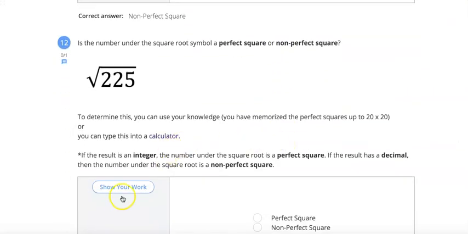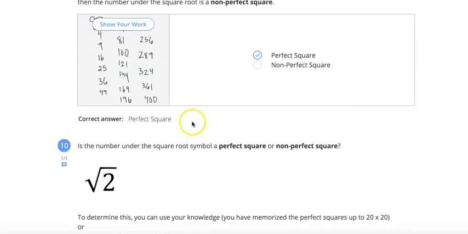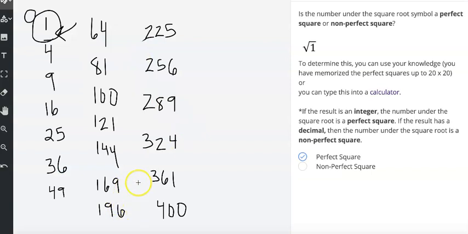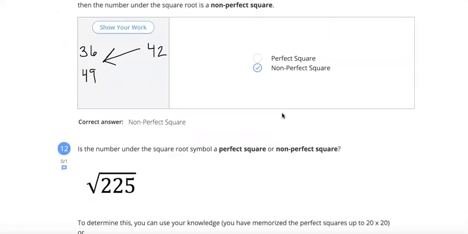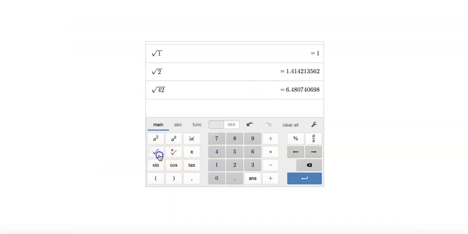The square root of 225. Alright, if we look back at our list, 225 is on the list. 15 times 15 is 225. So we wouldn't have to type it into the calculator. But if we did type it into the calculator, look what happens. The square root of 225 gives us an integer.